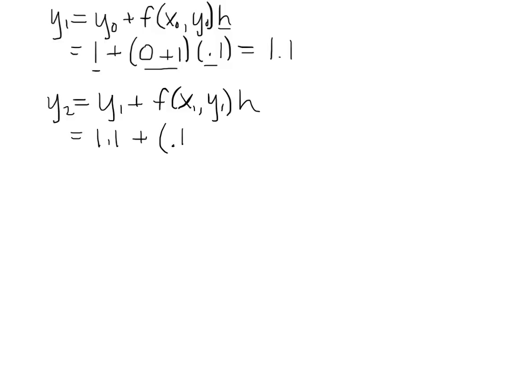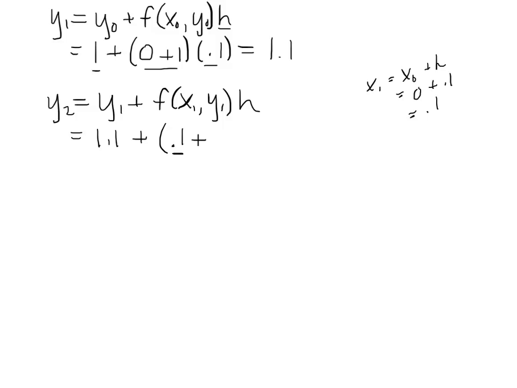Okay, and I got that. Maybe I should do that here over to the side. x sub 1 is equal to x sub 0 plus your step of h. So my x sub 0 value is 0 plus 0.1, which gives me 0.1. So that's how I got this 0.1 here, and I'm plugging that in for x.